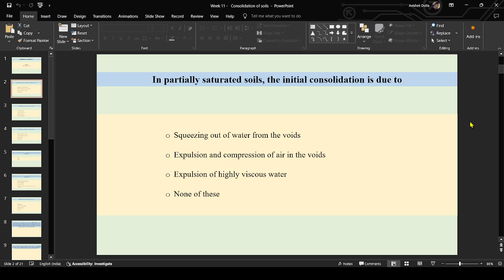First option, squeezing out of water from the voids. Second option, expulsion and compression of air in the voids. Third option, expulsion of highly viscous water. And last option, none of these.